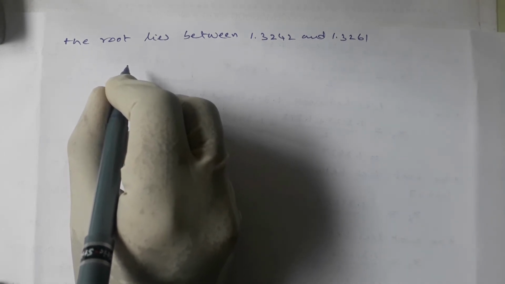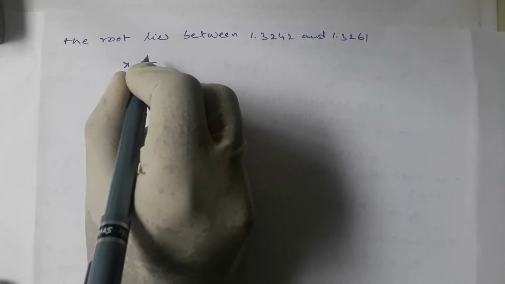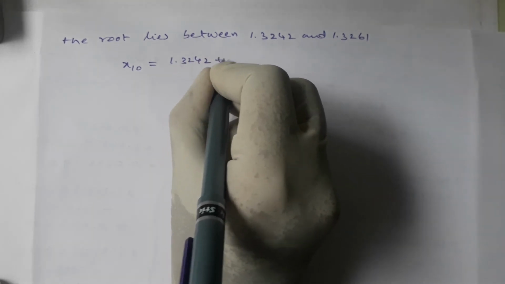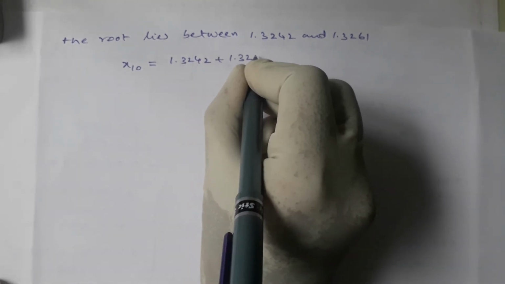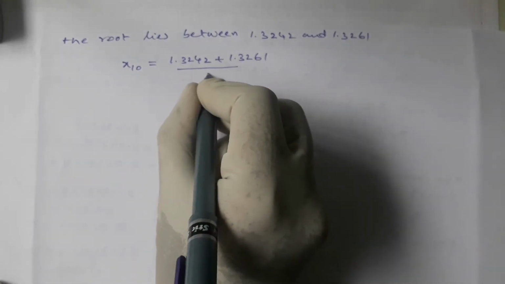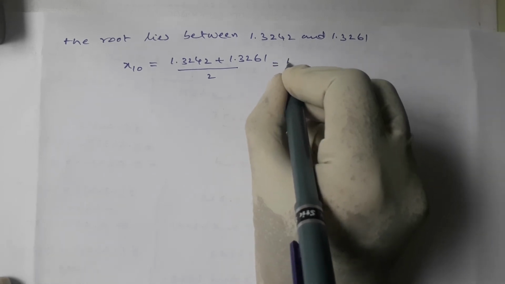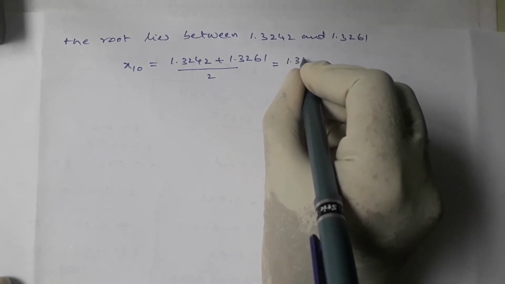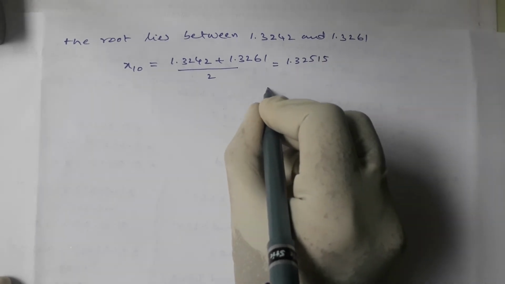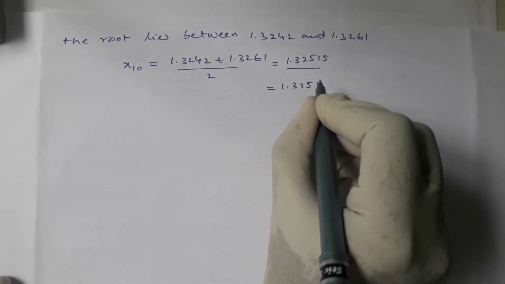So the next approximation root is x10. x10 is equal to 1.3242 plus 1.3261 divided by 2, which is 1.32515, or taking only 1.3251.